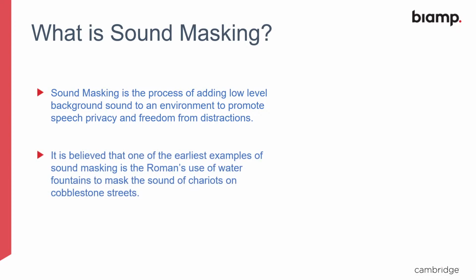Excellent. It is believed that one of the earliest examples of sound masking is from the Romans using water fountains to make sound of chariots and cobblestones in streets. I didn't know that. Right? That's quite an interesting sort of historical piece of information. That is really clever. The concept of that, and again, we're just talking about physics.